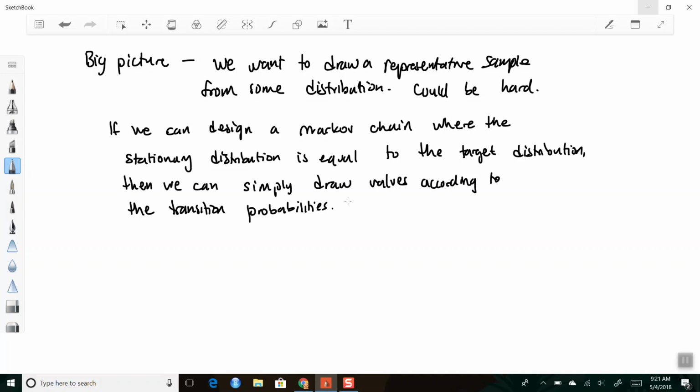Okay, so this is a contrived example, right? So if our target distribution is 4/7 A and 3/7 B, then instead of drawing from this directly, which is very easy for us, but we're going to pretend that it's hard, okay?